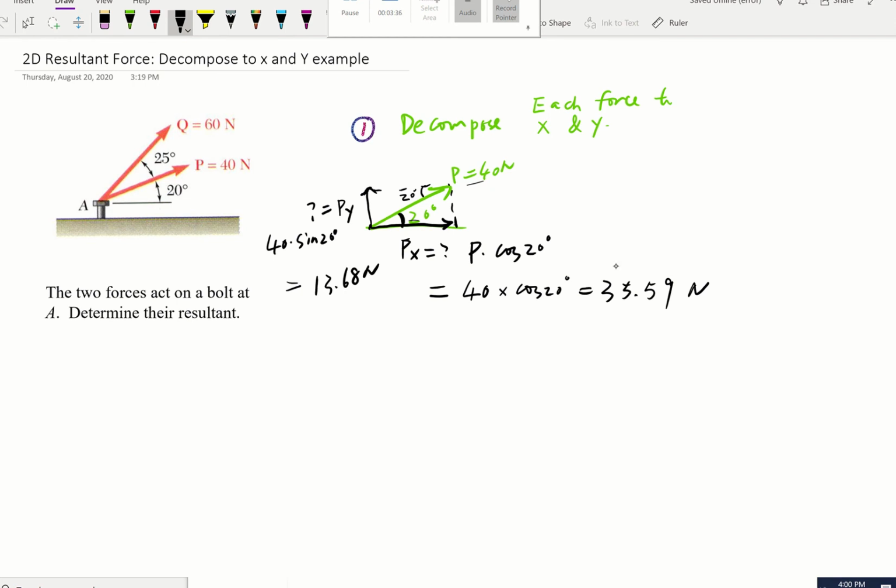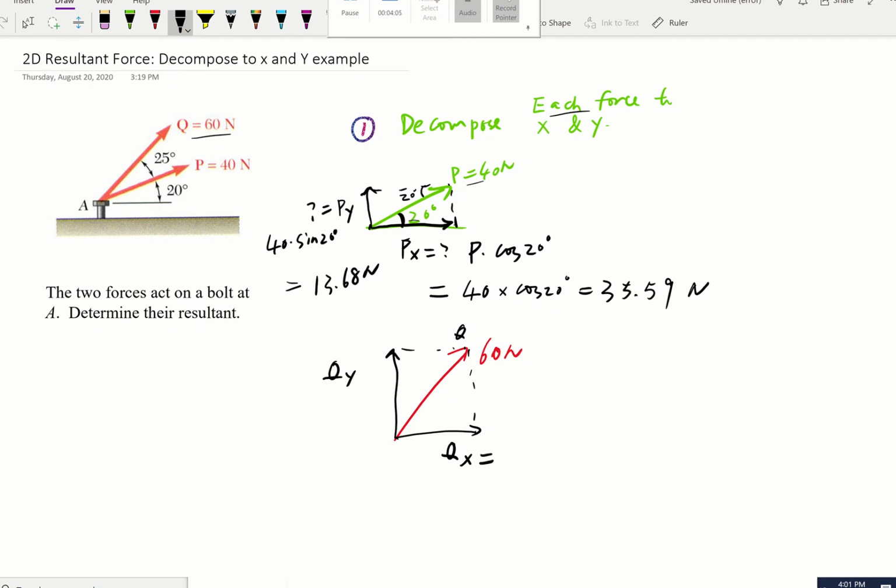Then we're going to look at the other force, Q. So do the same thing for Q. Q is 60 Newton. We're going to decompose using rectangular components, and we're going to get those two. We can go ahead and draw the dash line if you want to. This is your Q, so here is going to be Qx, and here will be our Qy.